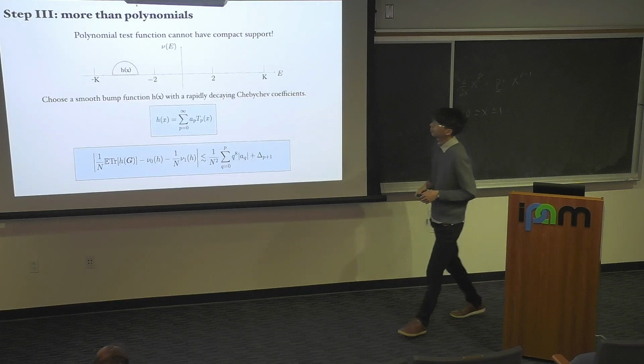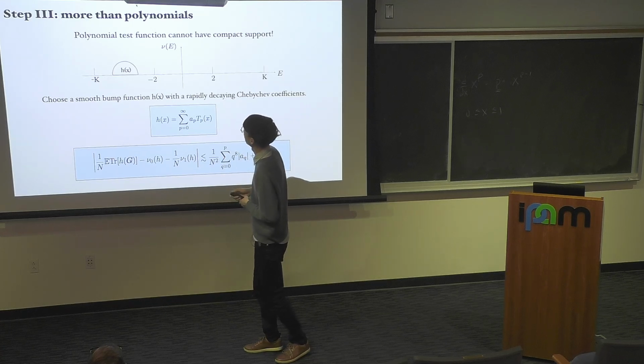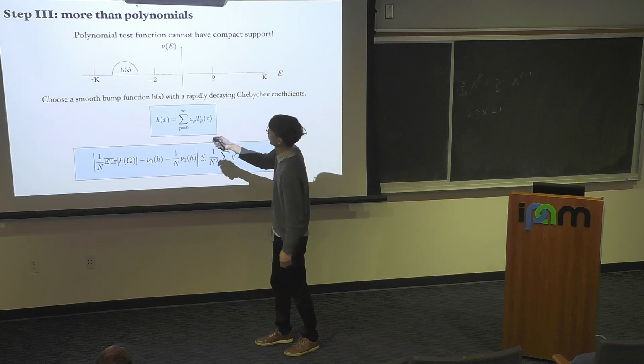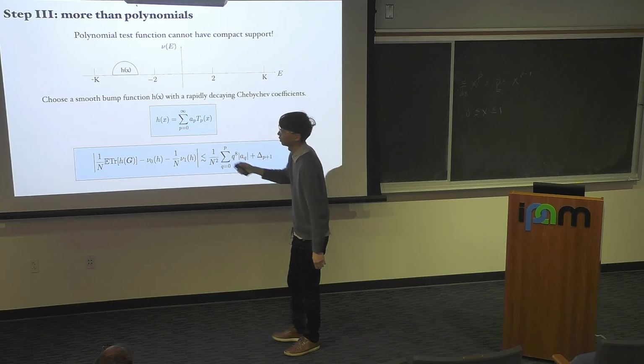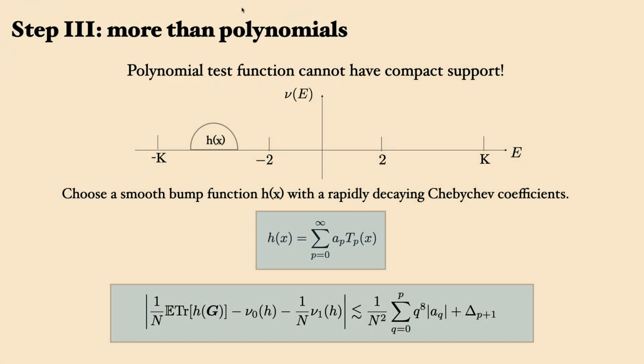One extra care needs to be paid when you study an actual test function that's not a polynomial. If you want something like this, but not a polynomial which might end up blowing up outside, one needs to be slightly more careful about the choice of parameter.